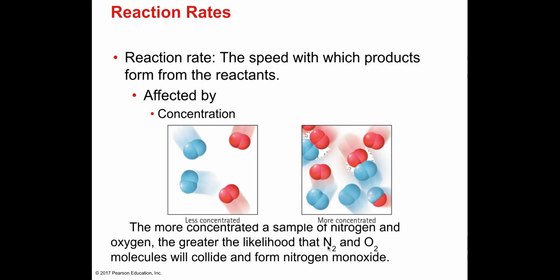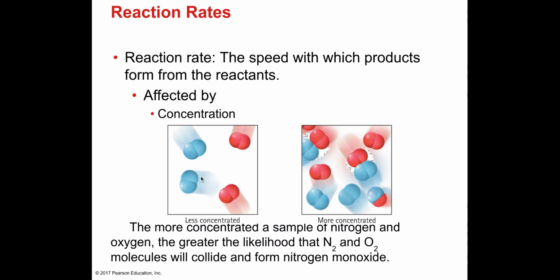So the more concentrated the sample of nitrogen and oxygen, the greater the likelihood that the nitrogen and the oxygen molecules will touch, they will collide. So remember that when we're talking about concentration, if the molecules are so many in a space, there is a higher chance that they will hit against one another. And it is the hitting against one another that leads to a reaction.